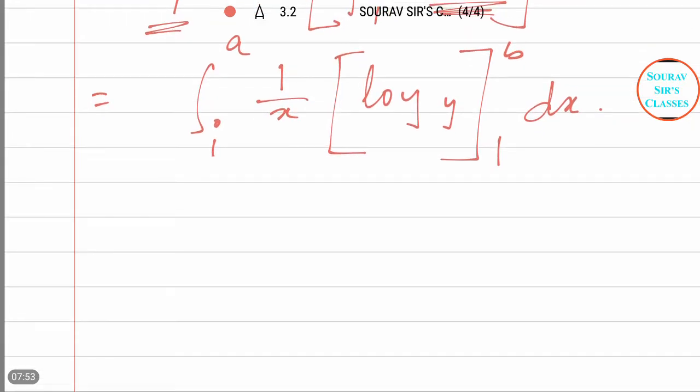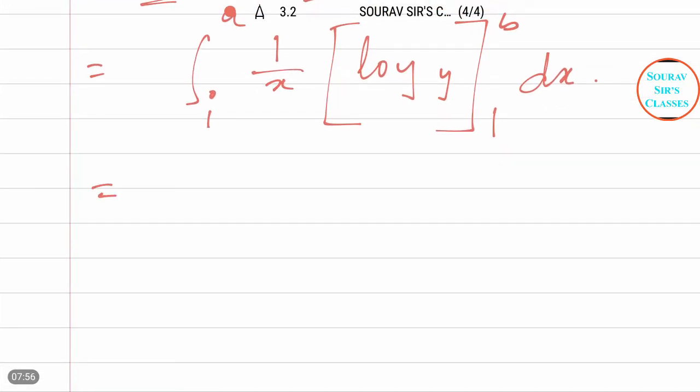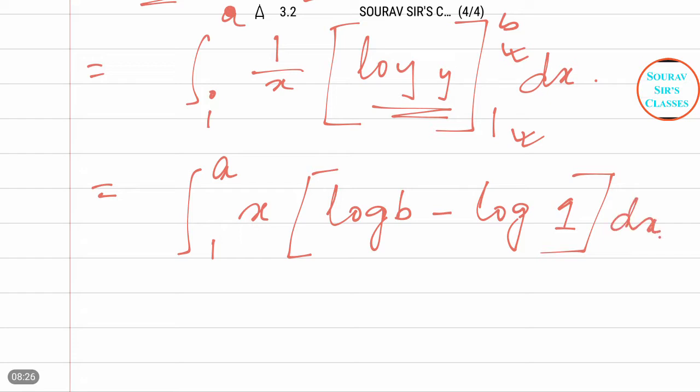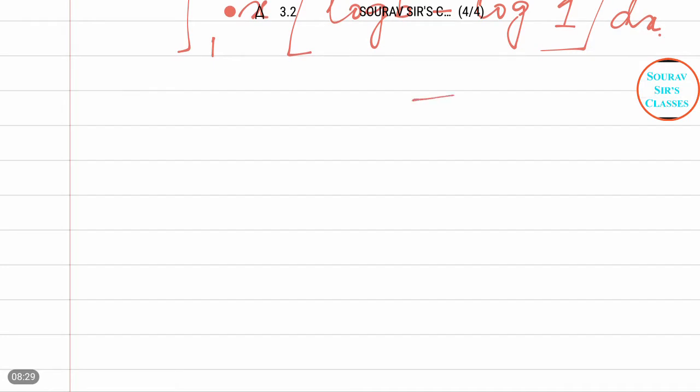Now again from this we can write integration 1 to a of 1 by x into log b minus log 1, because we are putting the value of y as b and 1, dx. This is because we know that log 1 is equal to 0.